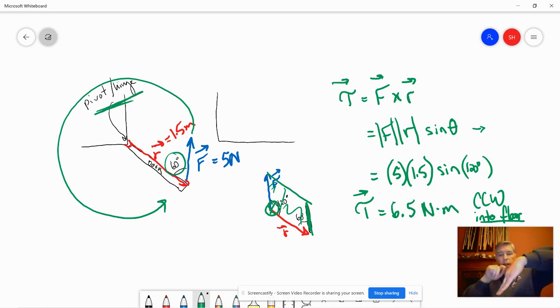If this was the door this way and I was closing it, by pushing on it, it would actually be pointed in that direction. So we'll get to that later. Hope you enjoyed this little bit on cross products.